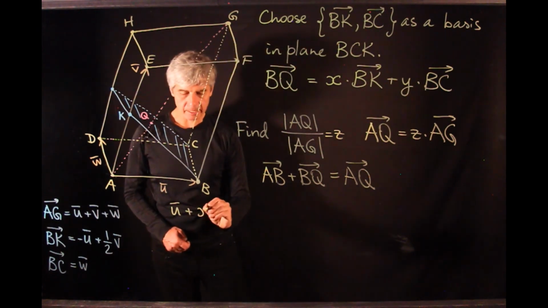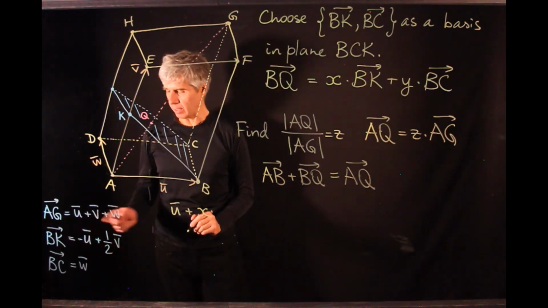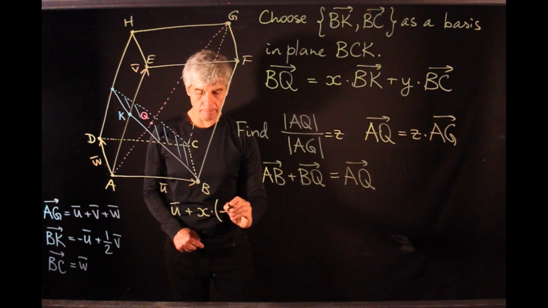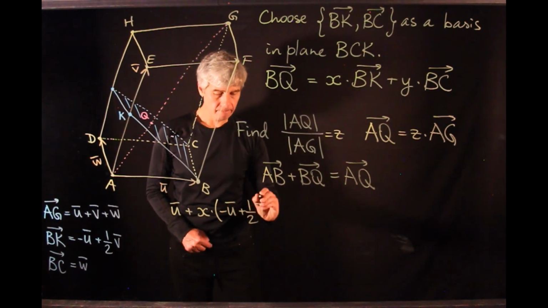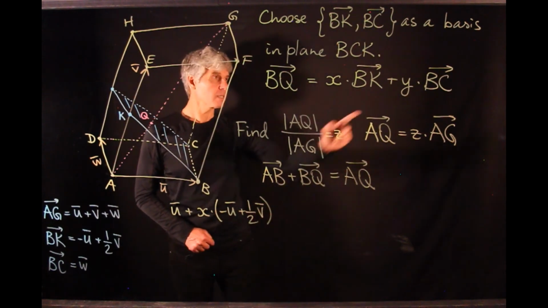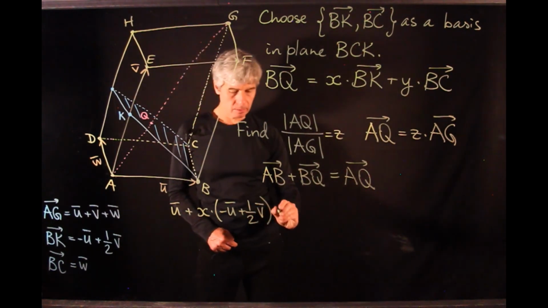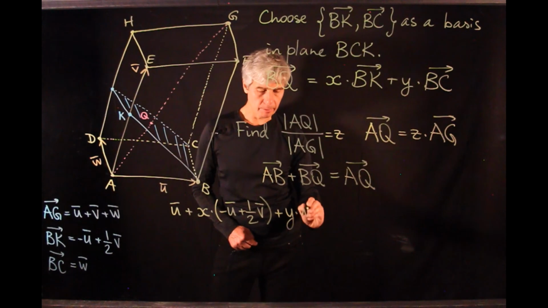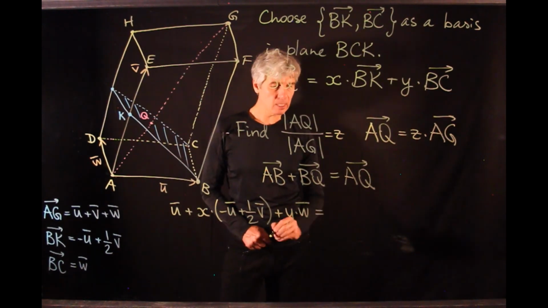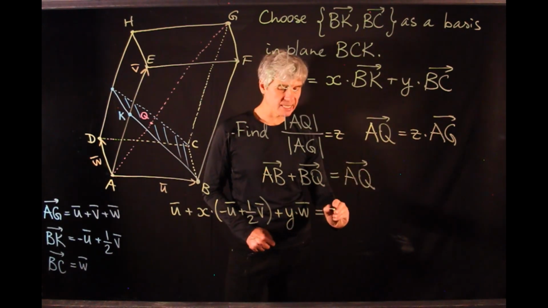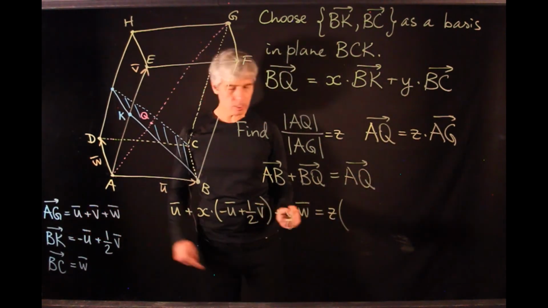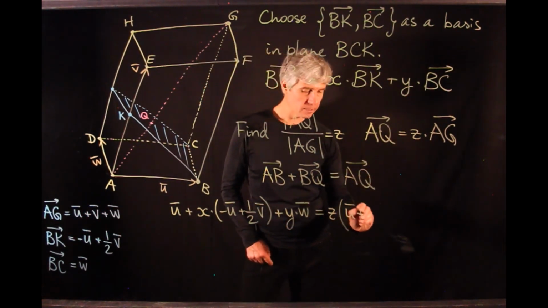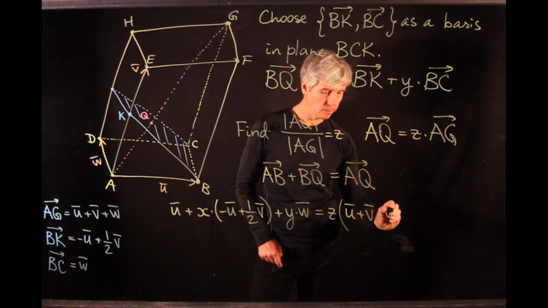So we have x times BK, and here is the expression for BK, minus u plus 1/2 v, plus y times BC, so this is y times w. And this is equal to AQ, which is z times AG. And AG is u plus v plus w.